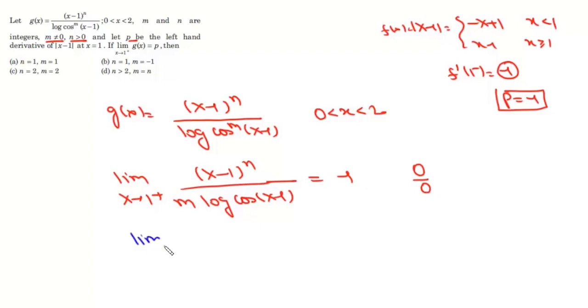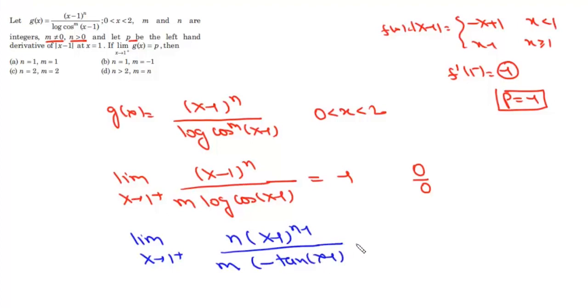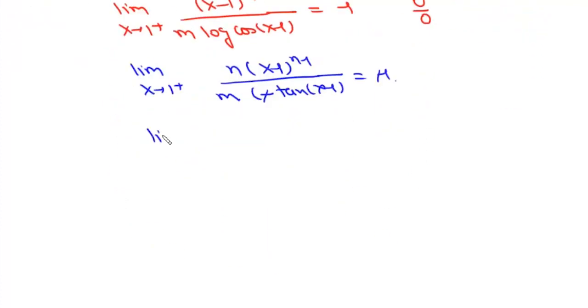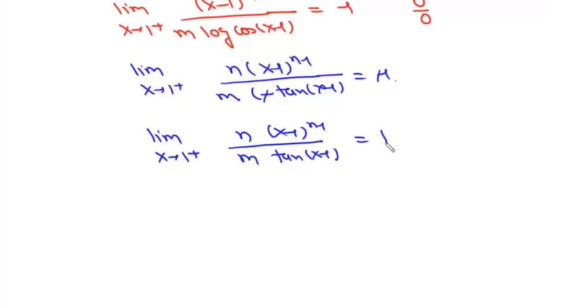So it will be limit x tends to 1 positive, n (x minus 1) to the power n minus 1, and this is m, and this is 1 upon cos, and the derivative of cos is minus sin, so it will be minus tan (x minus 1), and this is equal to minus 1. Now this minus and minus will cancel. We can write this as limit x tends to 1 positive n (x minus 1) to the power n minus 1 upon m tan (x minus 1). Now this limit must be equal to 1.